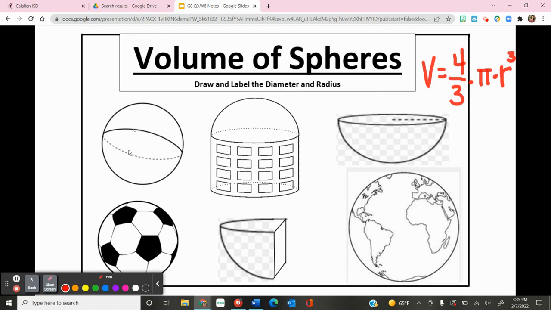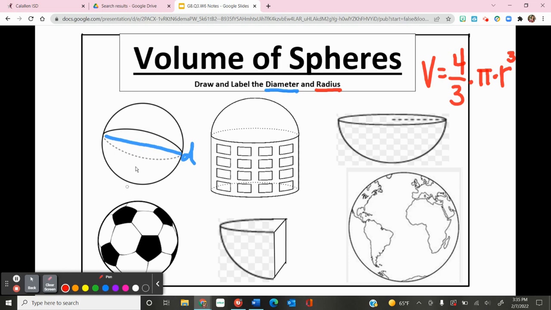So looking at this sphere, I'm going to go ahead and draw my radius in red, and I will draw our diameter in blue. So our diameter would go all the way across the middle of our sphere. So this would be the diameter.